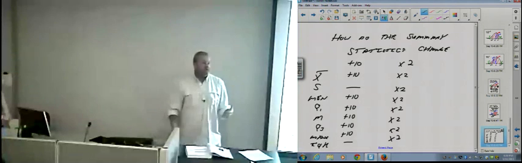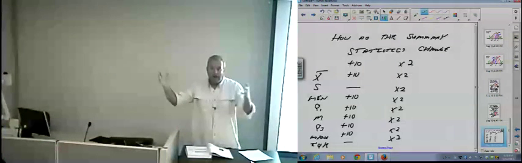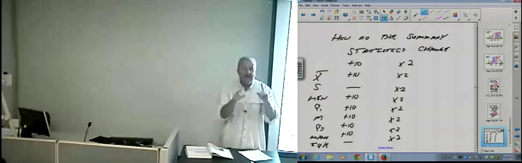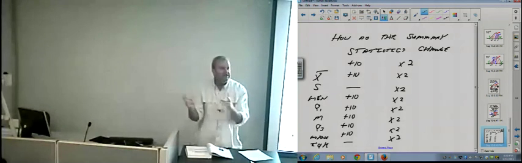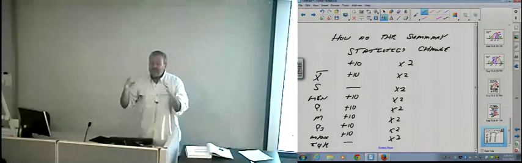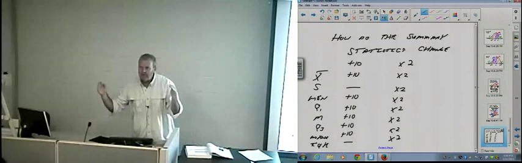Now look, if your test scores are really good, I might subtract 10 from everybody's test scores. I moved it to the left, yeah? Did I change the spread? No. Adding or subtracting the same number to all the observations changes location, doesn't change spread. Multiplying or dividing changes location, and it changes spread.